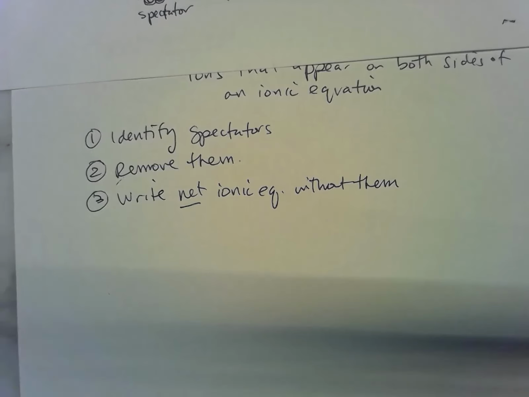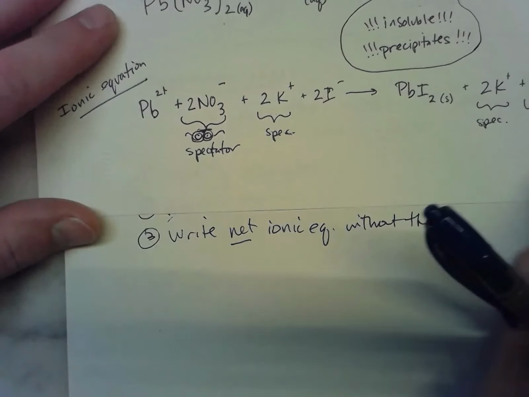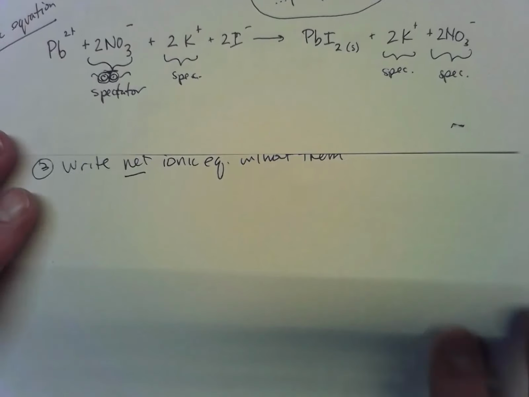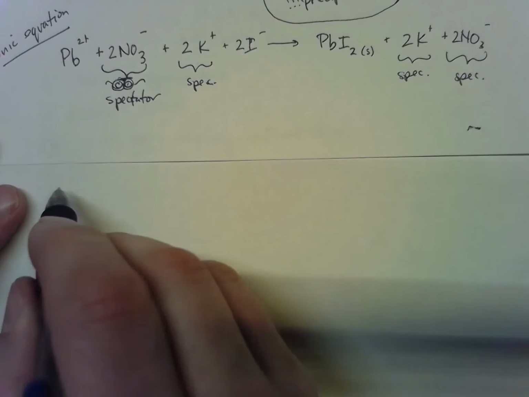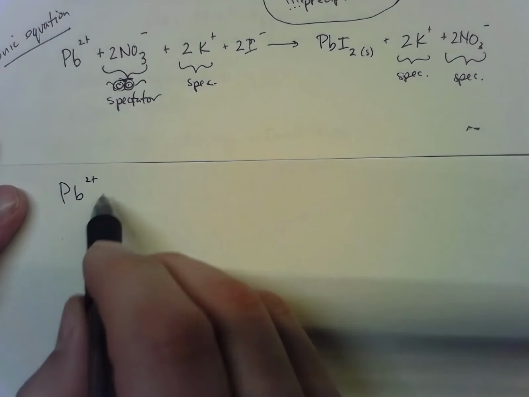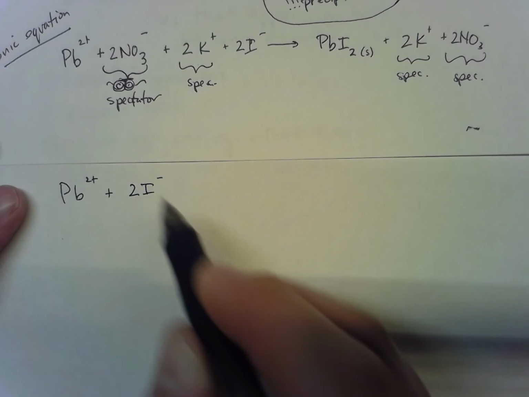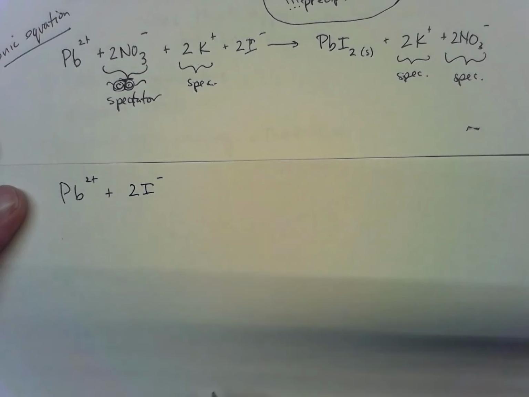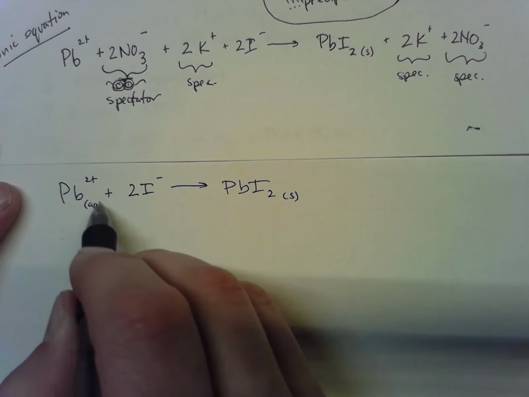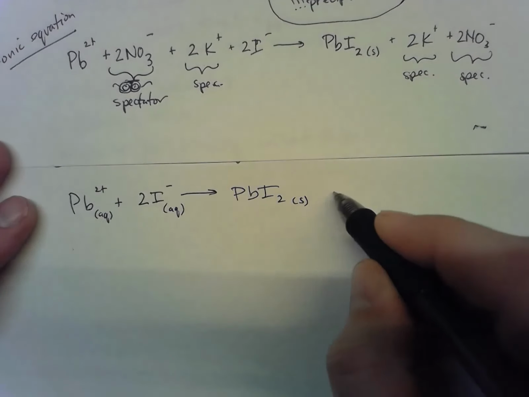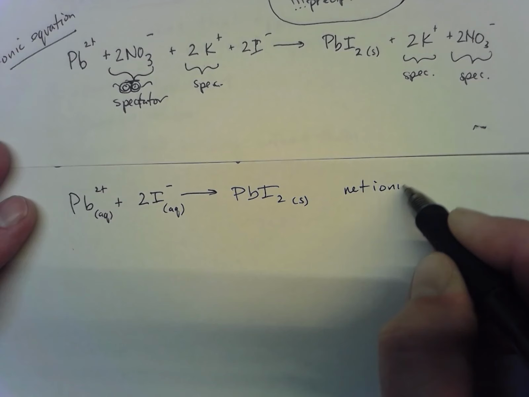Let's look right here. Let's take out all these specs and just literally write exactly what's left without those spectators. So we will write Pb2+ and 2I- goes to PbI2 solid. And I think we're supposed to say aqueous and aqueous here. All right, and so then this is our net ionic equation.